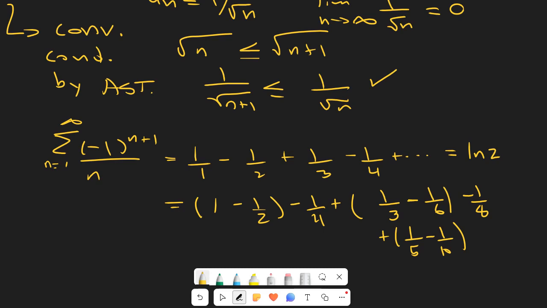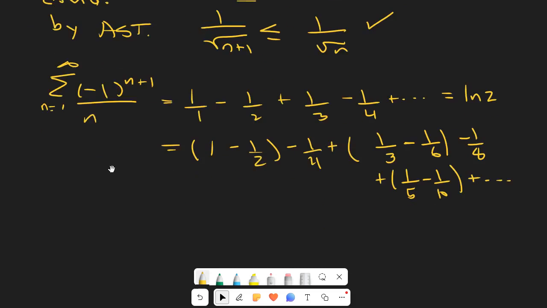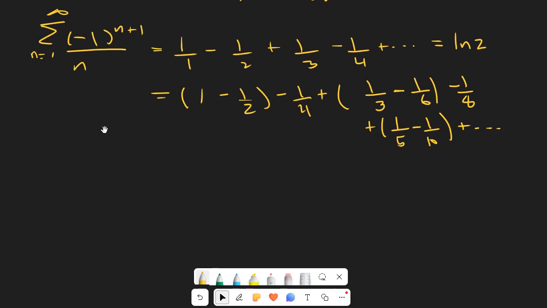If we repeat this pattern of rearranging the terms, you're going to get that 1/2 taken away from 1 is 1/2. But you still have the minus 1/4.